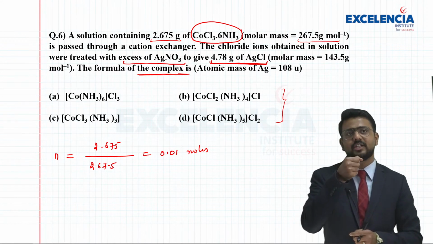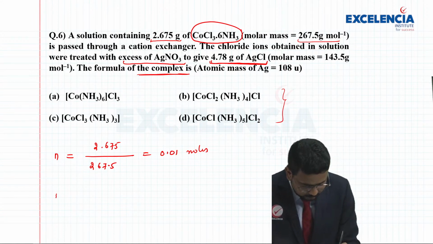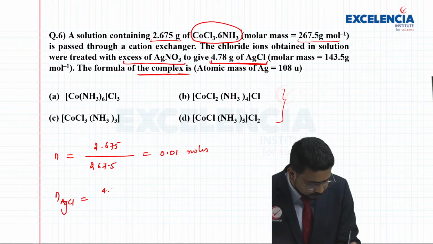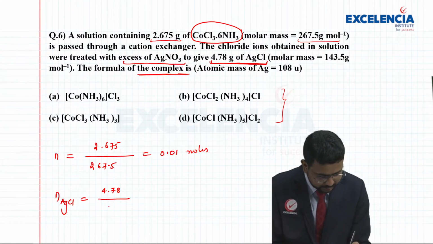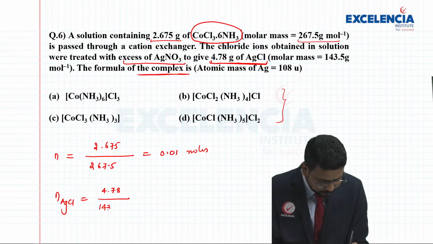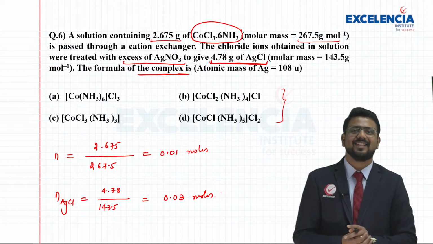But how much AgCl are we getting here? 4.78 grams of AgCl. So if I find the number of moles of AgCl here as 4.78 divided by the molar mass of AgCl, which is basically 143.5, that gives you the answer as around 0.03 moles, right?